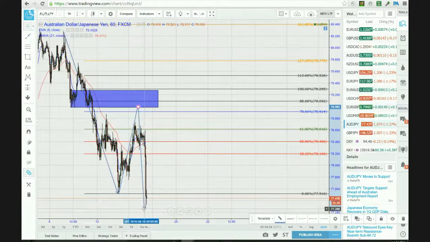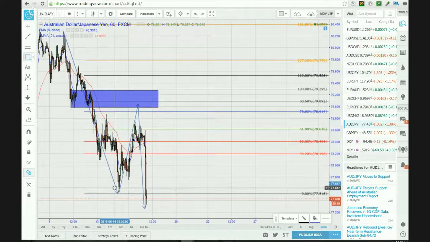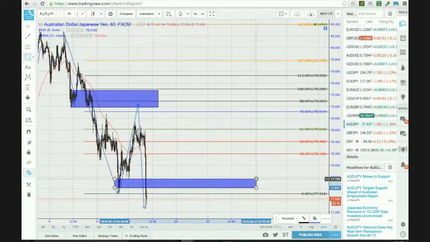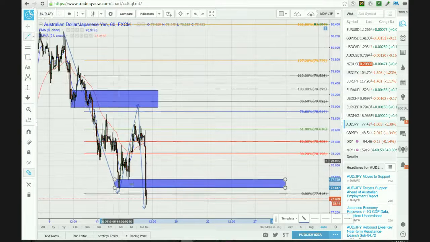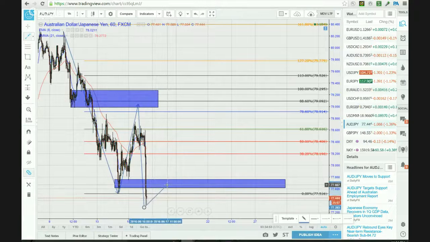So as of now, we did get a break and close above structure here. Before I get involved in this trade, I will be looking for some type of price rise back into structure.